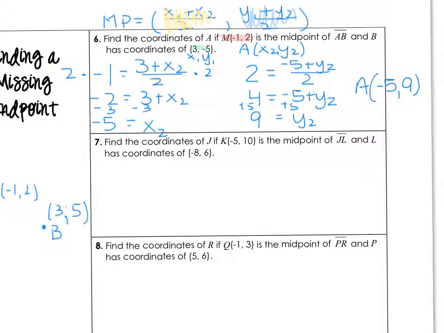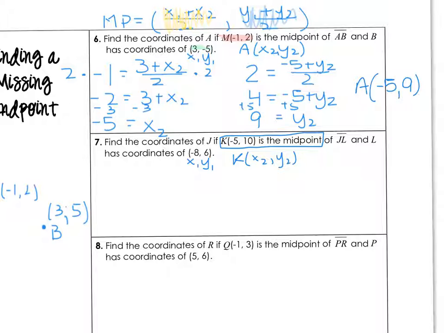Okay, so let's look at the next one. It says find the coordinates of J if K is the midpoint. So this is my midpoint. L is my x1, y1, and K is my x2, y2, what I'm trying to find.